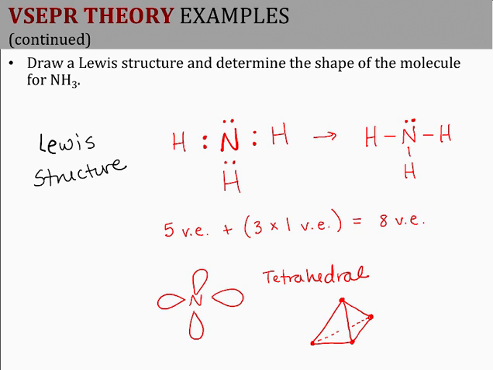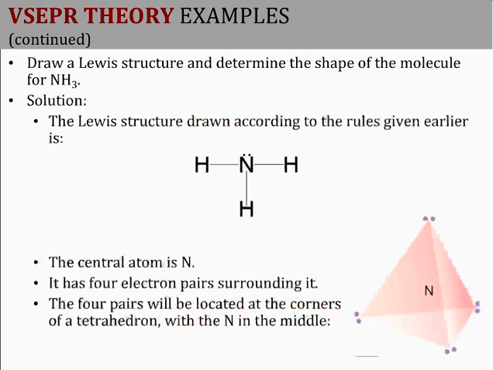So remember, this is the really specific angle. So this would be 109.5 degrees. And that's between each of the corners there. Or another way of thinking about it is between each of the different electron groups. And then here's a solution slide if you want to look at that later.